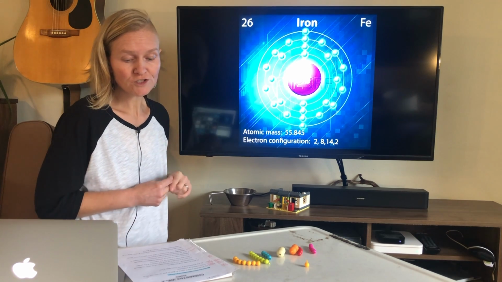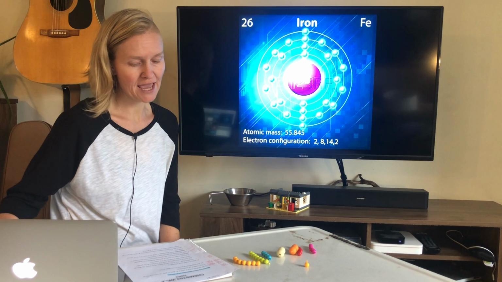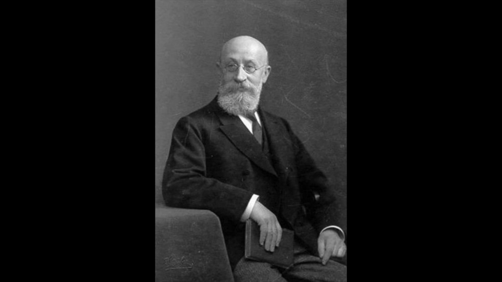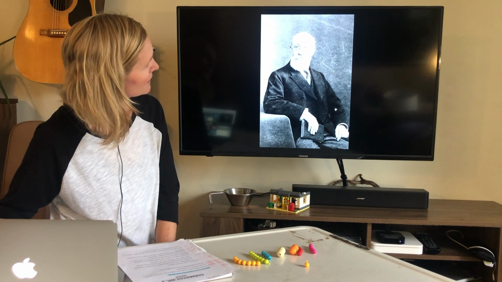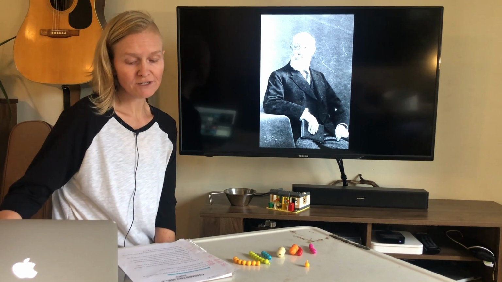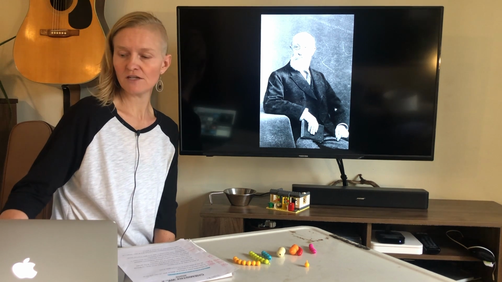Protons were the first subatomic particle to be discovered, and they were discovered in 1886 by German physicist Eugene Goldstein. That's this handsome gentleman right here. The neutrons were discovered in 1932 by English physicist James Chadwick.